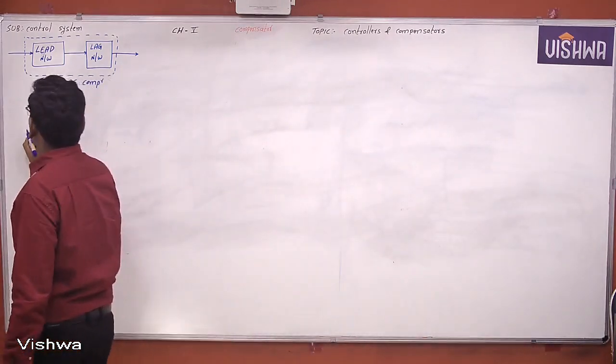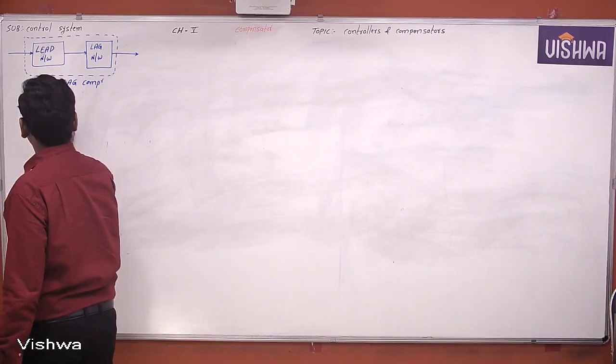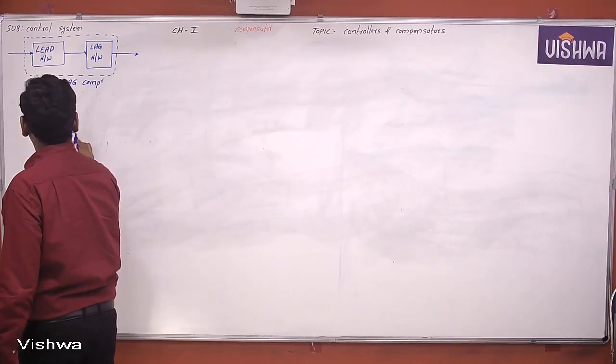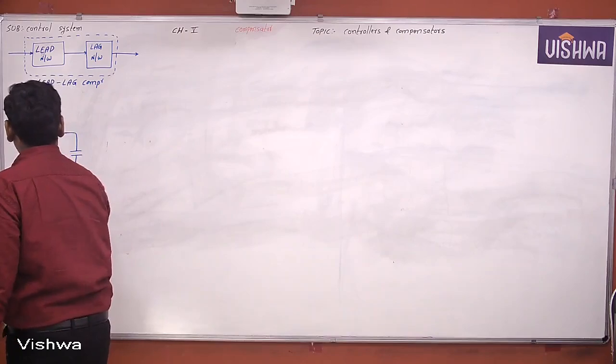Now what is the circuit? You know the lead network. This is the lead network. This is the lag network.